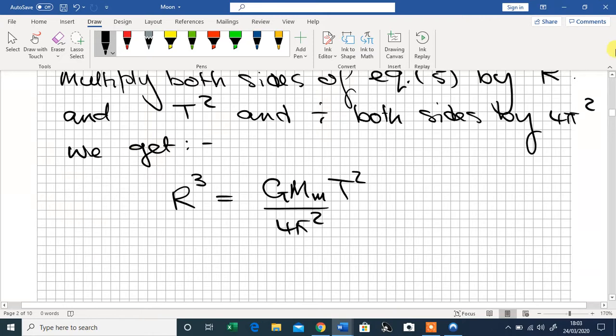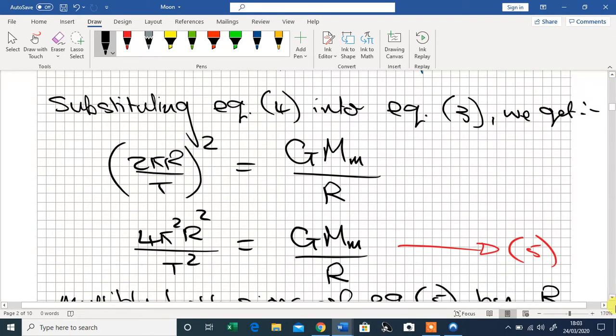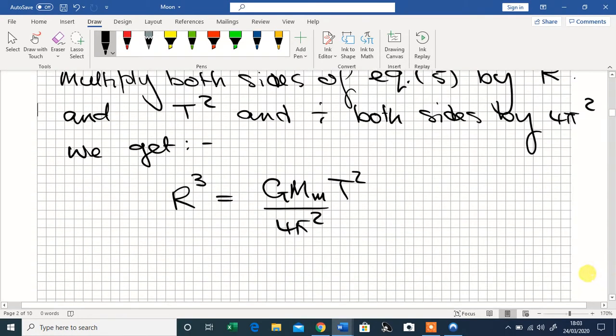Let me check that I've copied that down correctly. Yeah. So we'll call this equation 6.